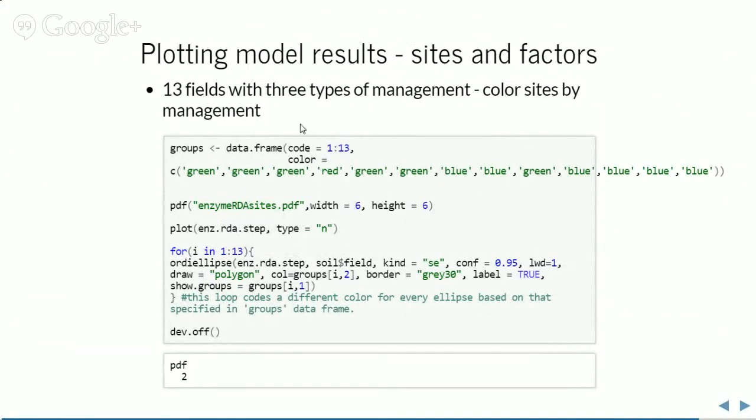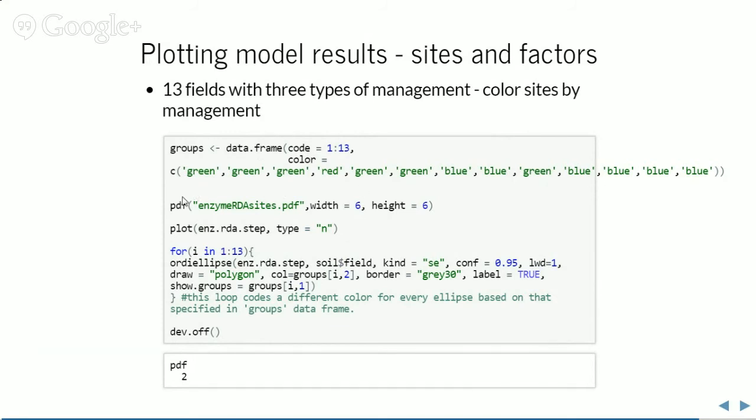So first, we're going to create a new data frame with a code for just our 13 fields, 1 through 13. And then a vector that specifies a color for each of those 13 fields.